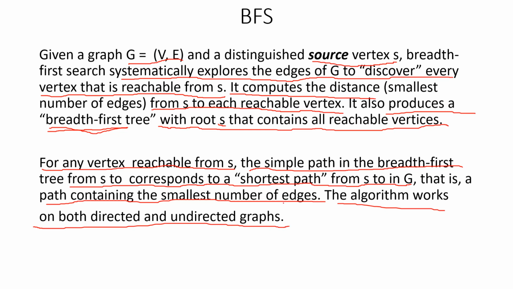So after launching the BFS from some starting vertex S, we will get the shortest path from S to any other vertices in graph G. BFS helps to find the shortest path in terms of the smallest number of edges. And as I said before, the algorithm works for both directed and undirected graphs.